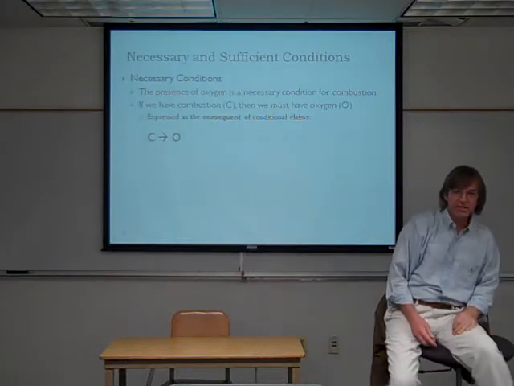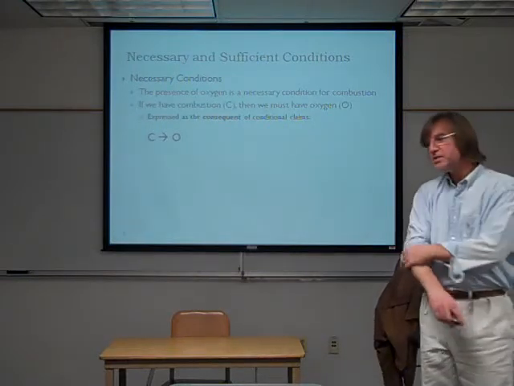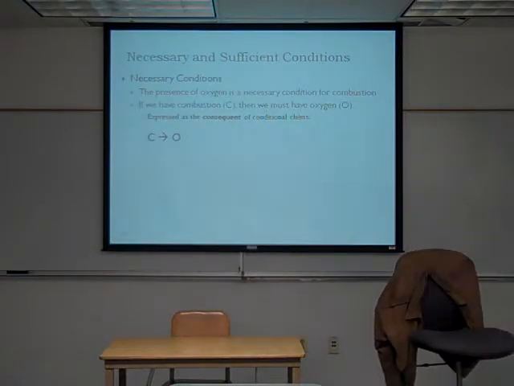Now, let's consider necessary conditions. For example, the presence of oxygen is a necessary condition for combustion. This means that if we have combustion, C, then we must have oxygen. Oxygen is a necessary condition for combustion.